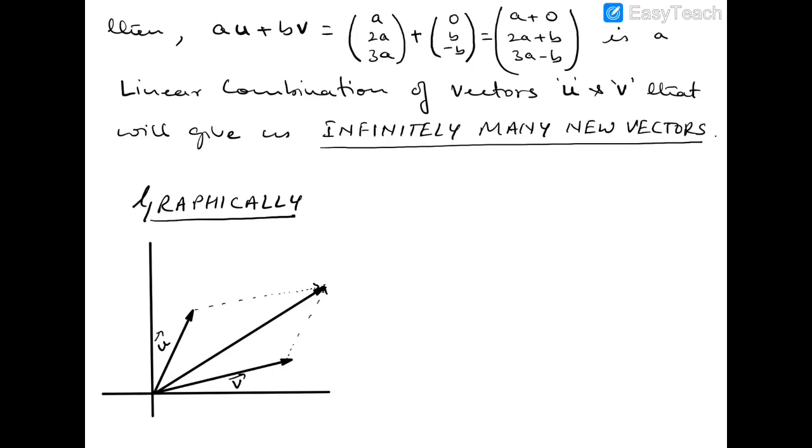Then this diagonal line is the resultant of u and v. So u plus v is represented by this diagonal.